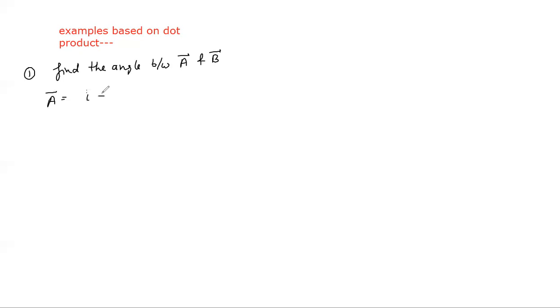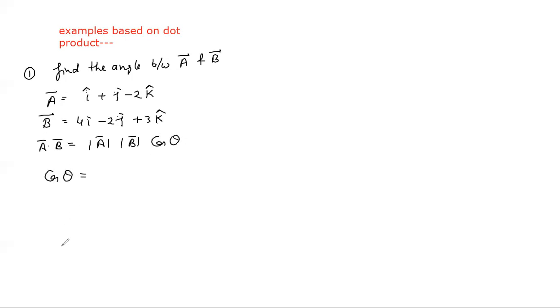Suppose A vector is given as i cap plus j cap minus 2k cap, and B vector is given as 4i cap minus 2j cap plus 3k cap. If we find the angle, then we know that A dot B equals mod A mod B cos theta. So if we make cos theta the subject, we get cos theta equals A dot B upon mod A into mod B.